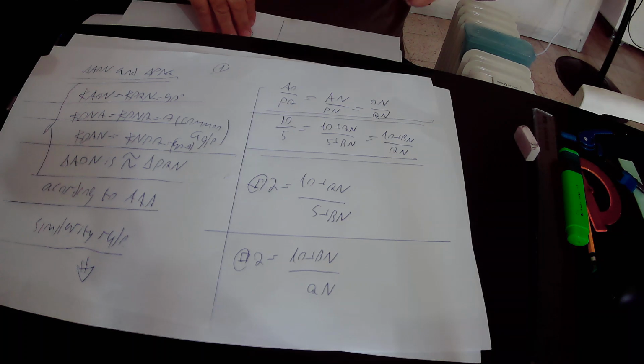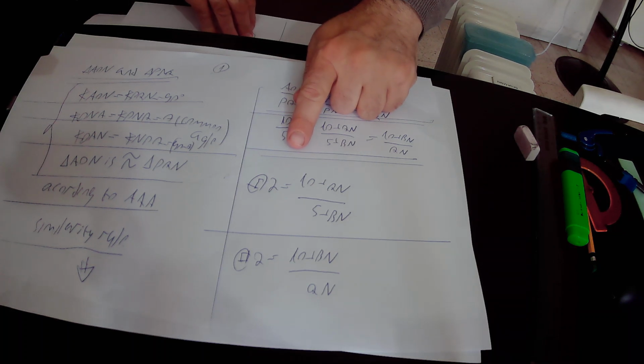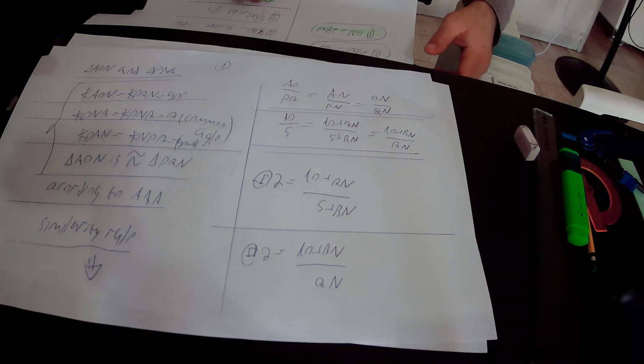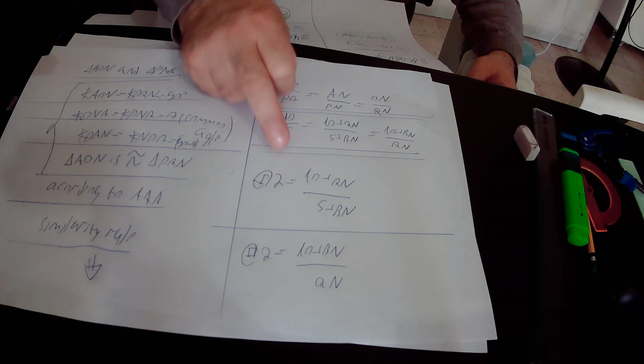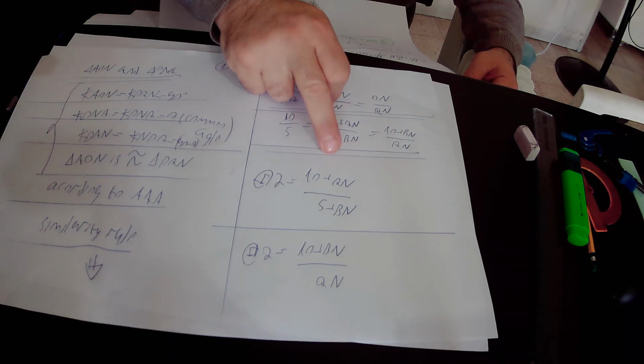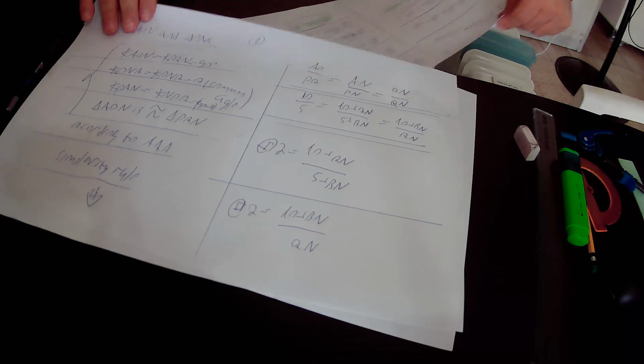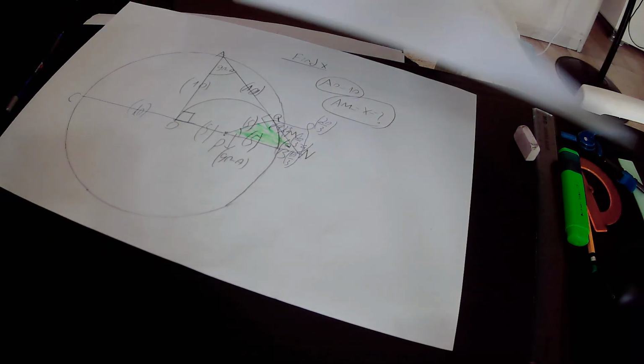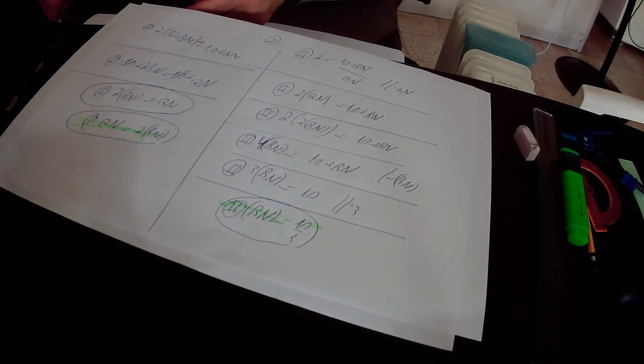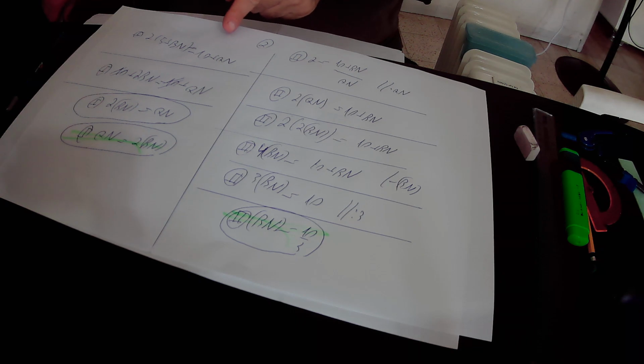Then we cross multiply equation number 1, and find that 2 times 5 plus Bn equals 10 plus Qn. I repeat, according to equation number 1, 2 times 5 plus Bn equals 10 plus Qn.